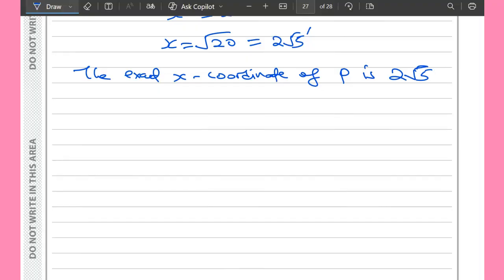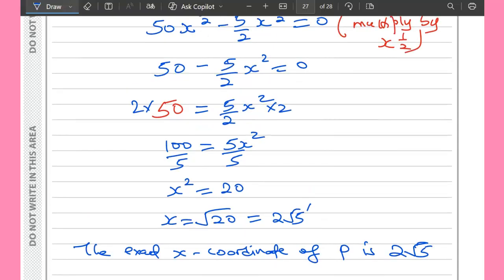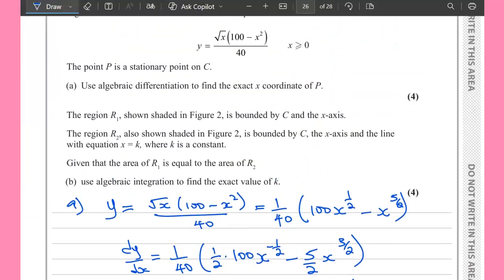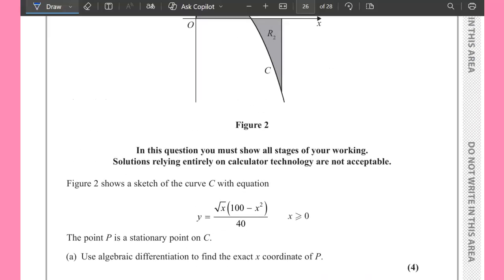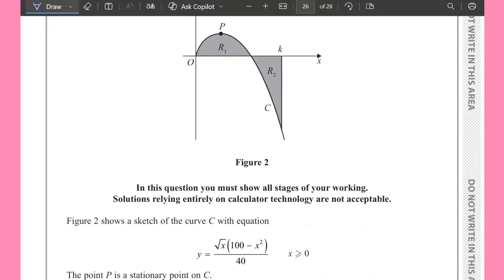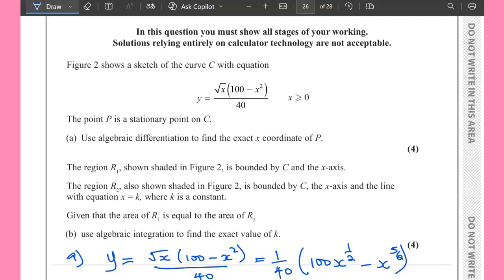Now we can also look at part B. Going back to the question, part B, you've been told the region R1 shown in figure 2 is bounded by C and the x-axis.